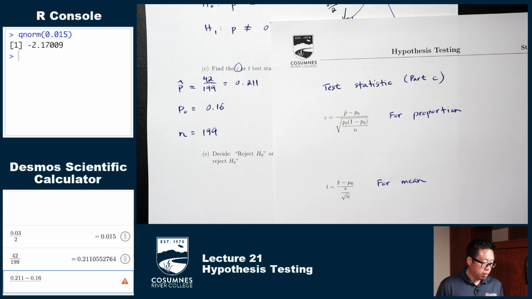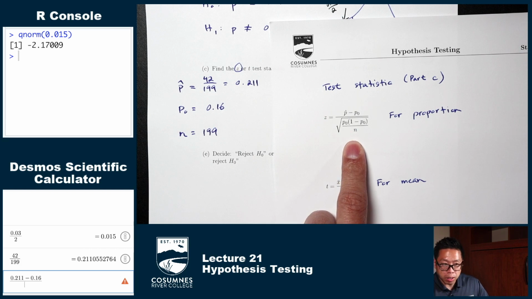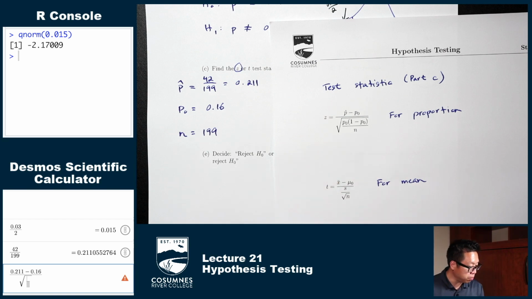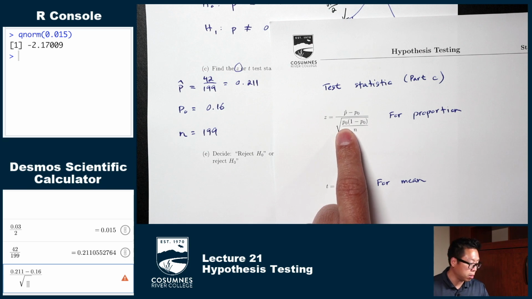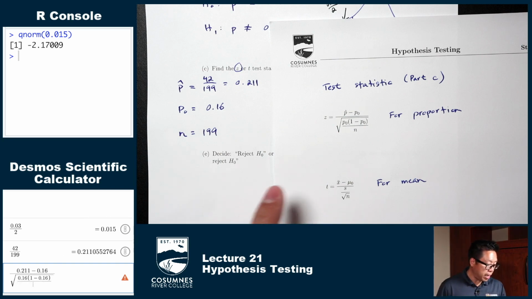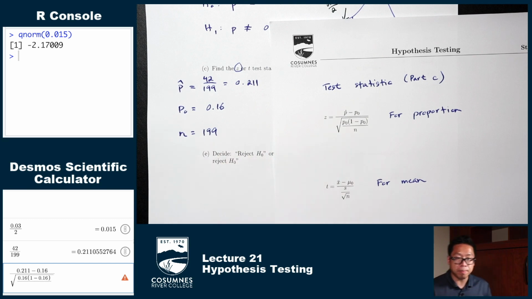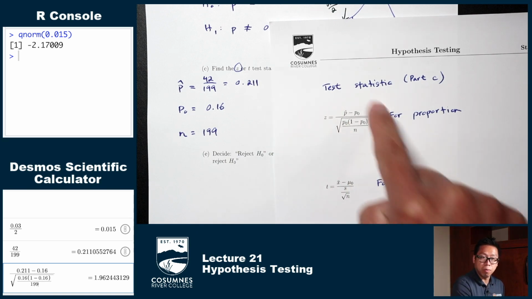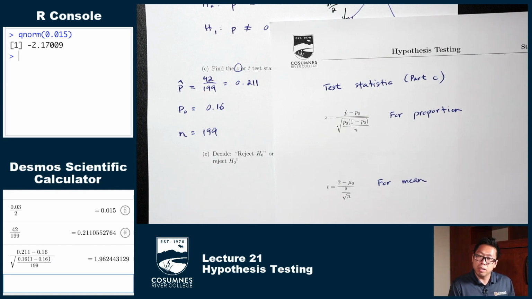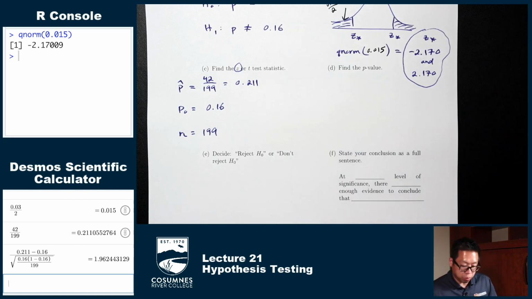On the bottom, a big square root, and then click on the fraction button to make sure that fraction is inside the square root. Inside the square root, up top is P0 times 1 minus P0, that's 0.16 times 1 minus 0.16, and on the bottom, N, 199. Make sure what you have on Desmos looks exactly like the Z formula, and then hit enter. So I get a Z of 1.962.